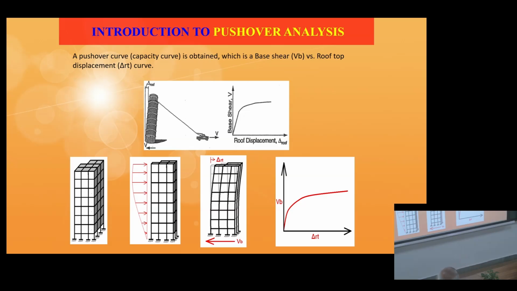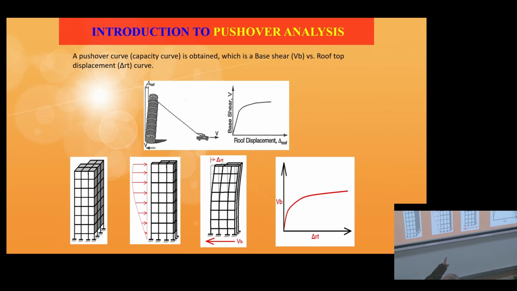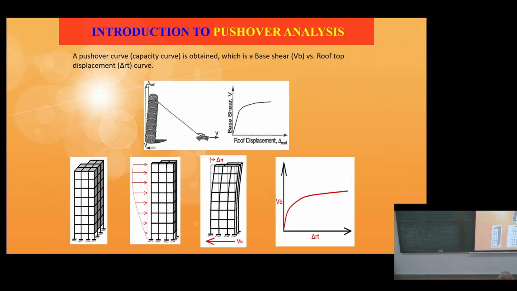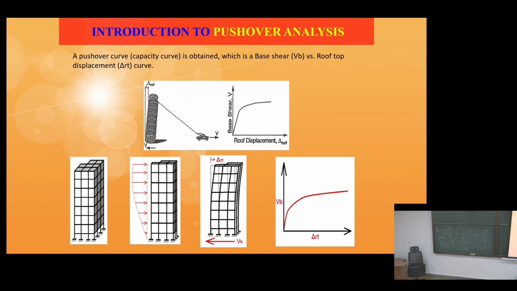Pushover analysis means that you can see that there is a tower and it is tied to a rope and there is a vehicle which is moving. As a result, this tower is given a displacement. The top is given a displacement.